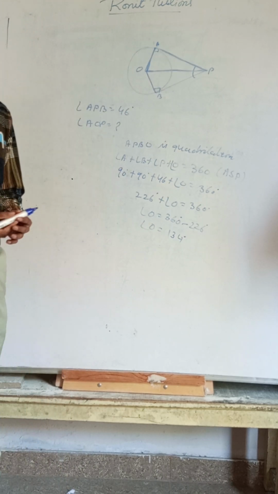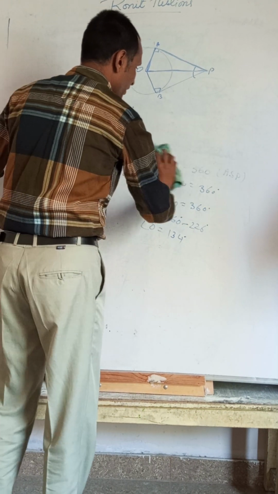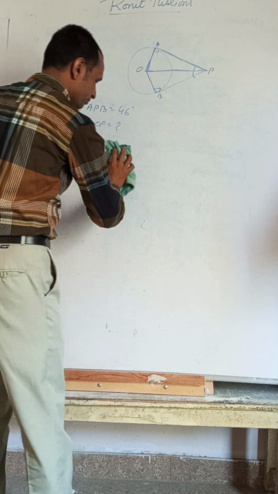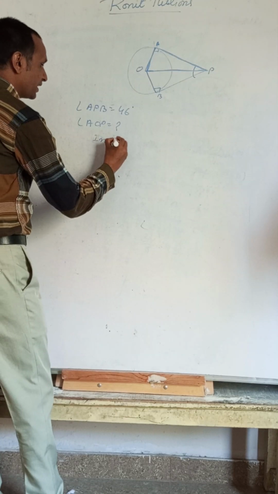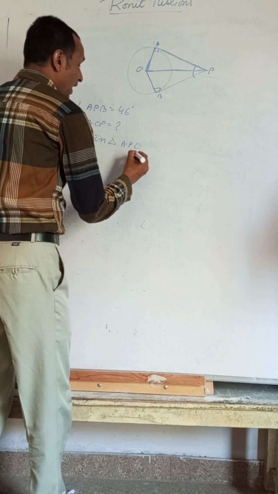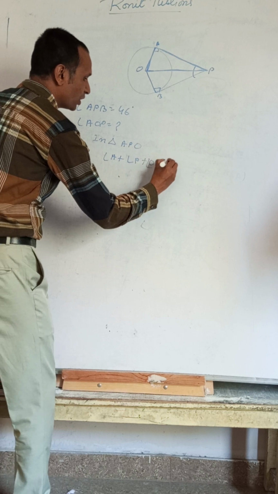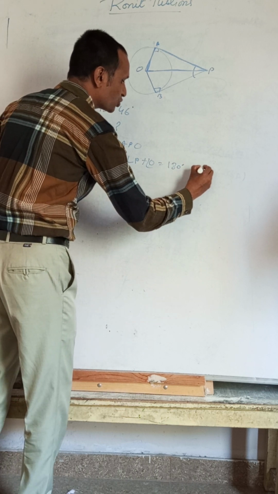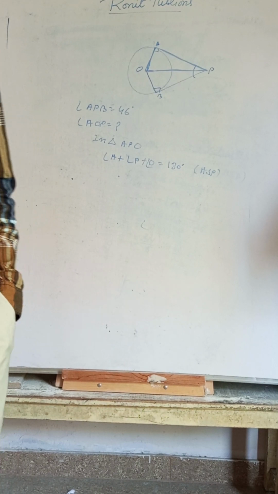Now another way to find this one. In triangle APO, angle A plus angle P plus angle O is equal to 180 degree. Why? Because of the angle sum property of a triangle, it is always 180 degree.